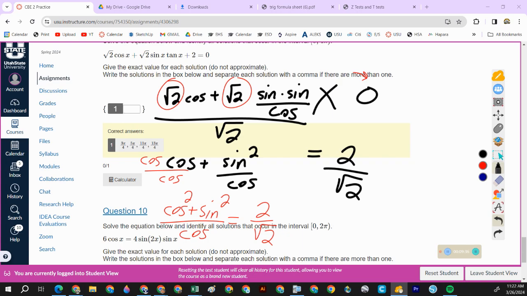And once again, this is just 1. So I get 1 over cosine equals 2 over root 2. And then I could cross multiply and do a lot of fancy stuff, but I'm just going to flip everything upside down. And I get the cosine equals, oh, it's negative, right? That was negative. So the cosine is negative root 2 over 2.